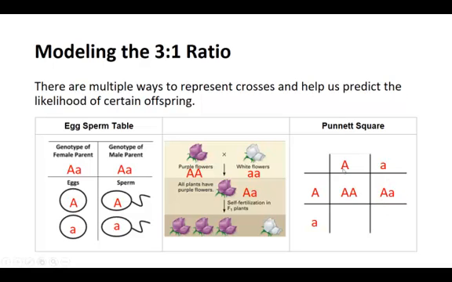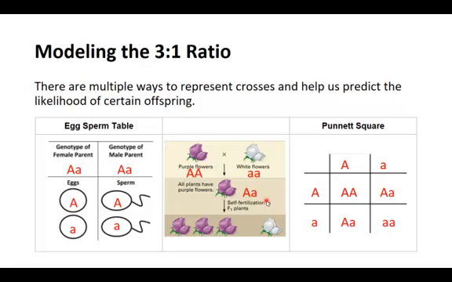This parent can give a big A and this parent can give a little a, and we can get this. And this one can give a little a and this one can give a little a. So now I see in front of me all the possible combinations from two parents that are big A, little a.